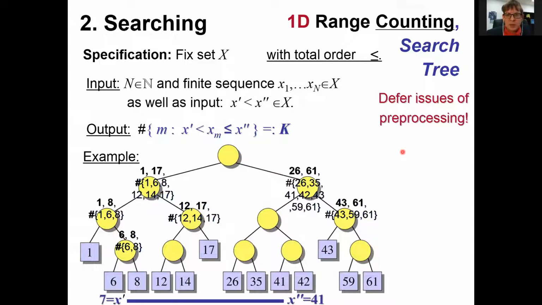So now, taking that for granted, we have a different algorithm for solving the one-dimensional range counting problem as follows. Let's suppose we are asked to calculate the number of elements in the range from x prime to x double prime, for example, if x prime is 7 and x double prime is 41. Then we can use the search tree data structure to locate 7 in this tree. Looking at the left child of the root, we see that the left child represents ranges from 1 to 17.